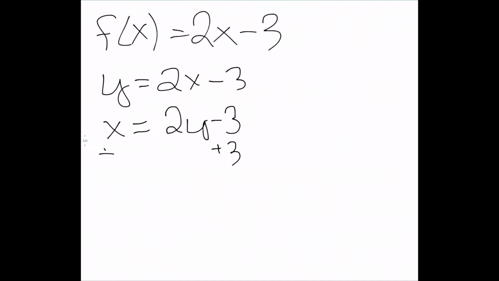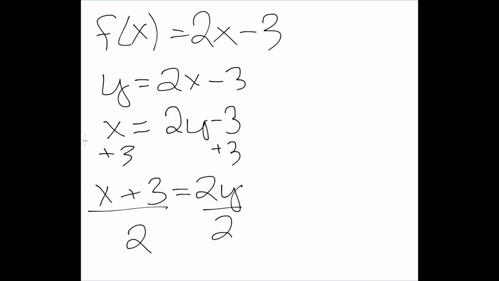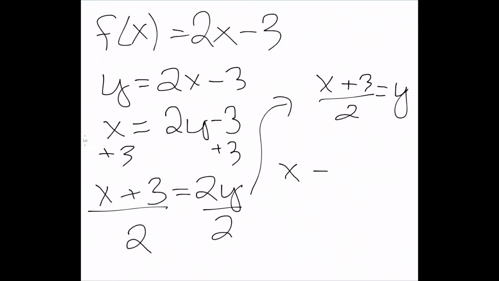So I'll add 3 to both sides and get x plus 3 equal to 2y. Divide both sides by 2, and now I have x plus 3 over 2 equal to y. And then my final step is to change the y to the symbol for f inverse. So I now have a form for the inverse function.